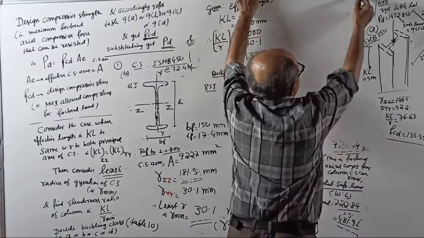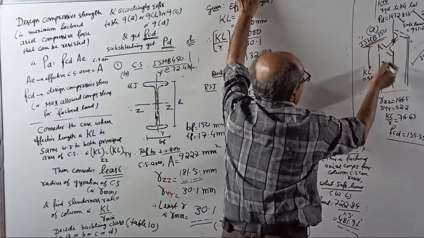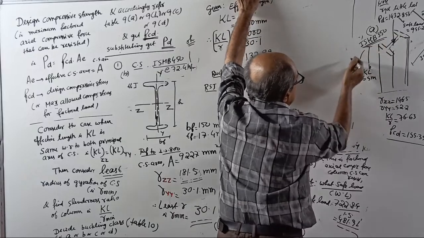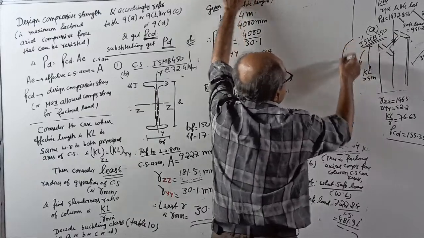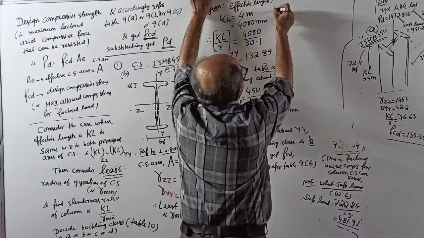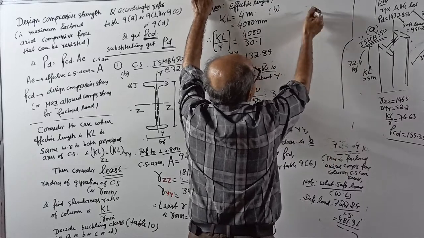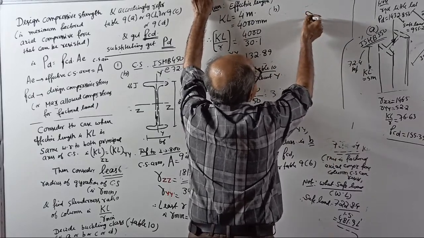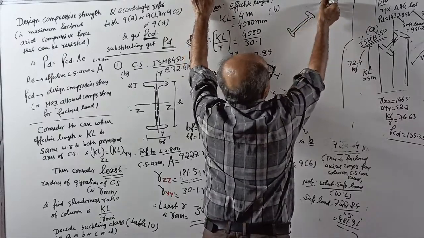Okay, this is last time ISHB 350. Weight per meter is 72.4 kilogram per meter. Now note our B column is something like this. This is a rough sketch.